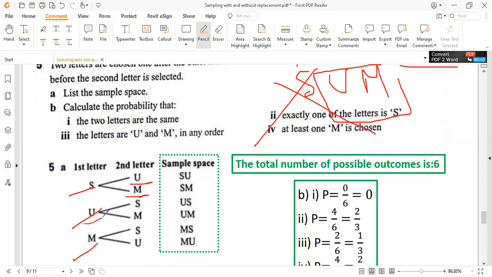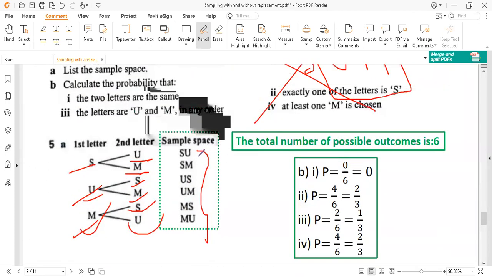If we first obtain U, we will get S or M as the second letter, and if we get M as the first letter, we'll get S or U only, because we are talking about selection and sampling without replacement. So the sample space consists of 6 as the total number of possible outcomes.